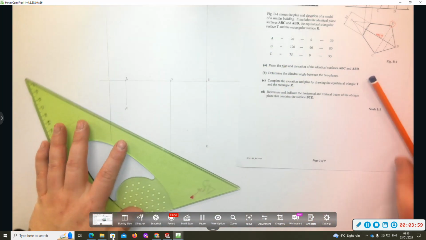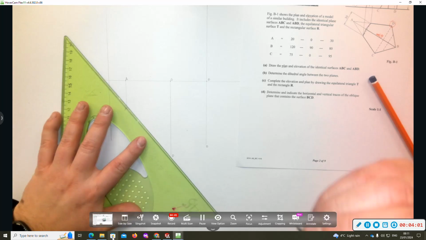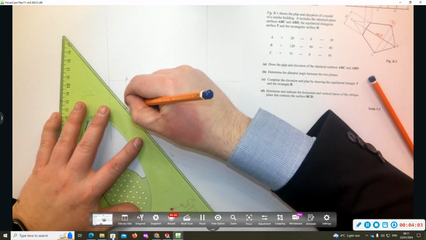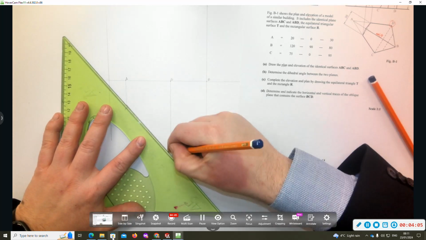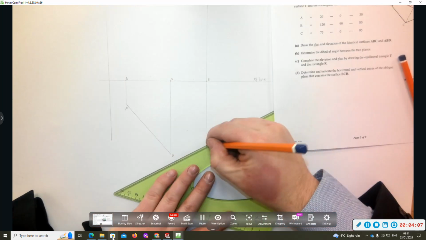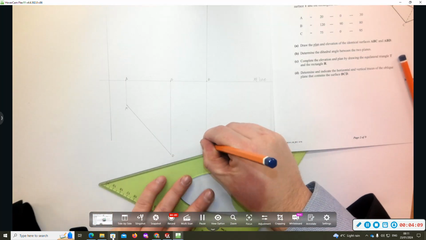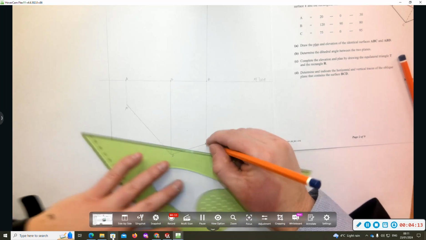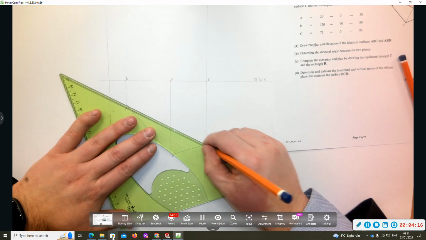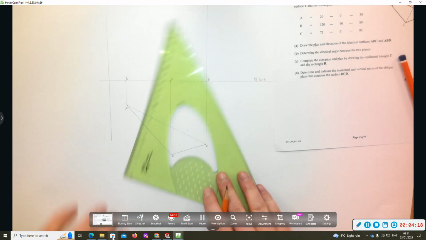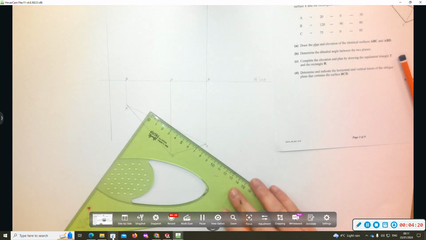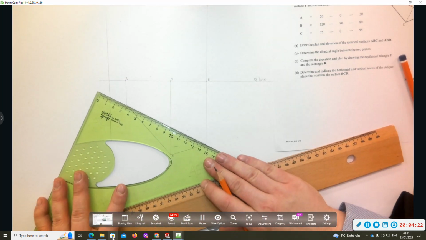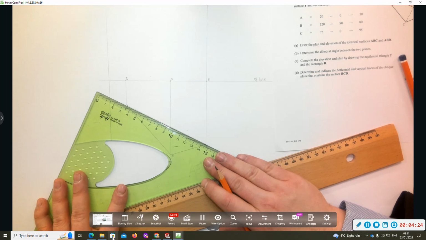Now, I'm going to join these A, B and C. Now our D coordinate is a mirror image of point C. So I'm going to line my set square up with line AB.